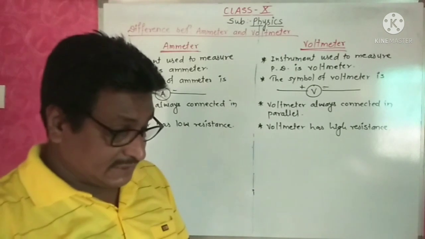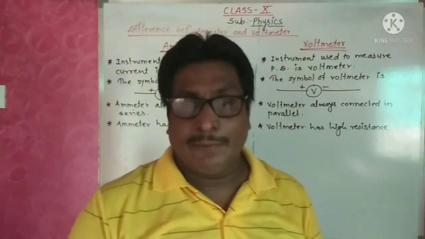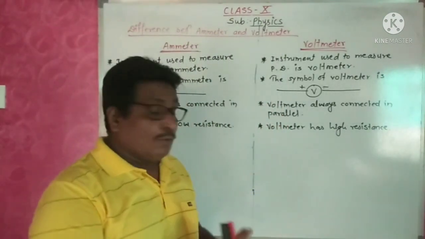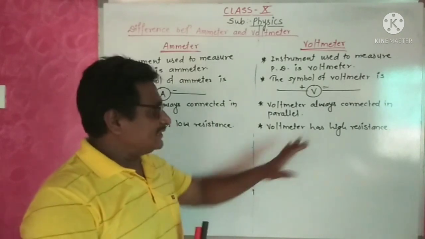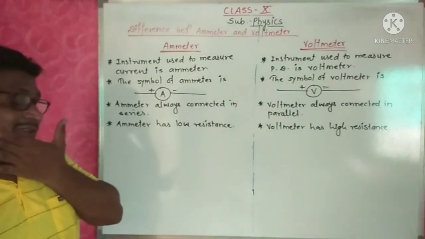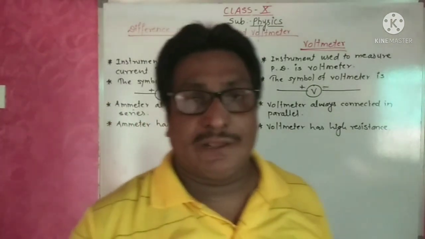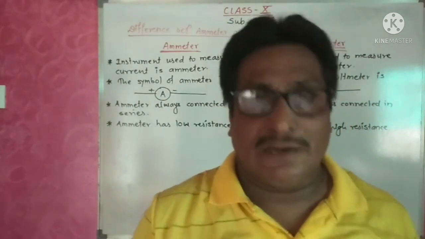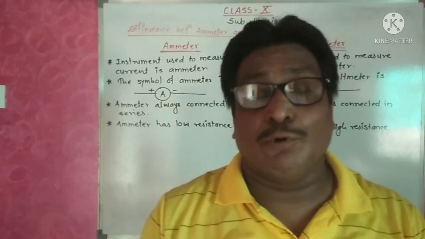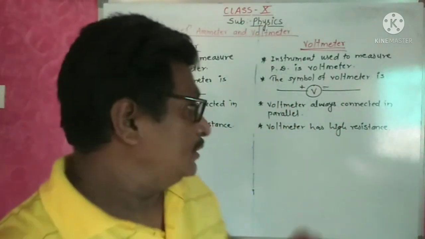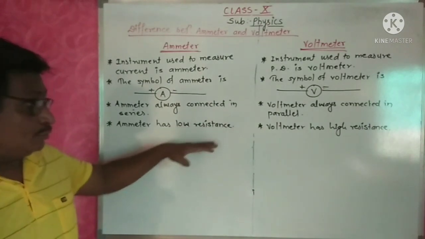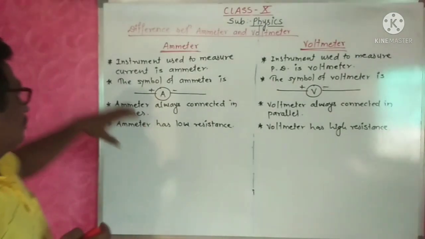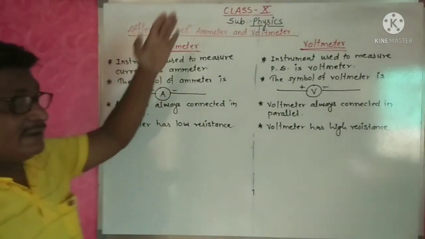What is the meaning of resistance? Simply you can remember, the property of conductor to oppose the flow of current. Those who are opposing the flow of current, that is called the resistance. In general, we say for our body, if our resistance power is more, diseases cannot easily attack us because our immunity power is more. That immunity power is the resistance. Same way here also, those who are opposing the flow of current, that is called resistance. So this is the difference between ammeter and voltmeter.